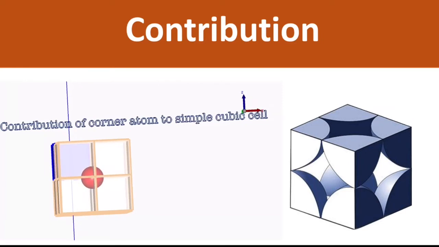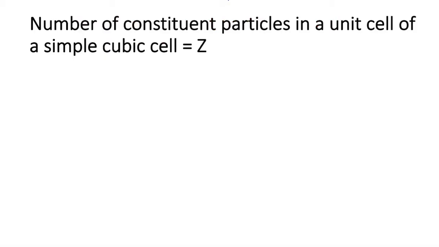The same thing you can observe in 2 dimensions over here, where you can find only 1/8 part of the sphere is being contributed to one cubic cell. The number of constituent particles in a unit cell of a simple cube is represented as Z. It's not the number of constituent particles, it is the number of constituent particles which contribute to the unit cell. Let's see.